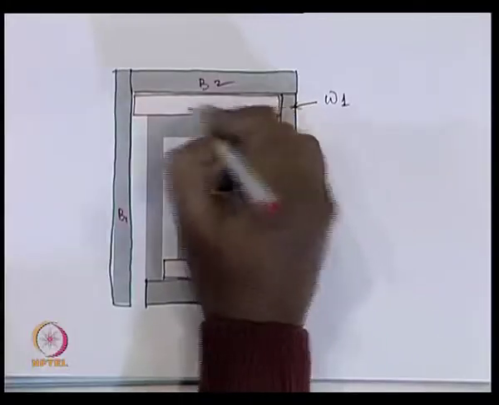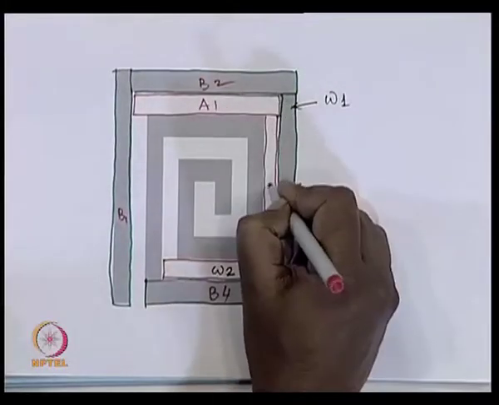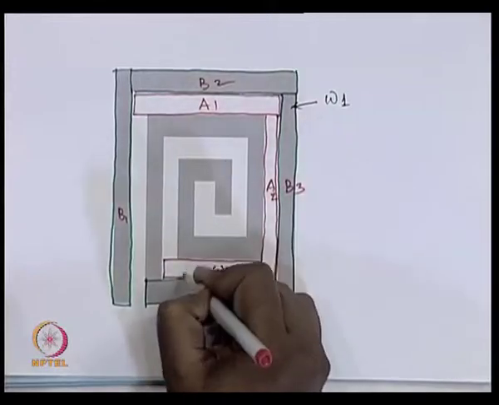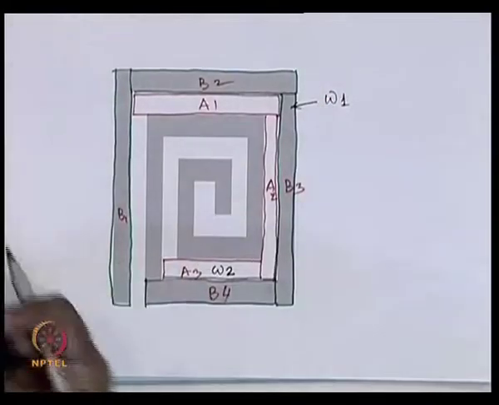Similarly, these boxes let me call A 1, A 2, A 3 and so on. These boxes I put under another umbrella named omega 2. Okay. So, actually I have a collection of boxes put under two umbrellas. One umbrella is omega 1, the other umbrella is omega 2, right.